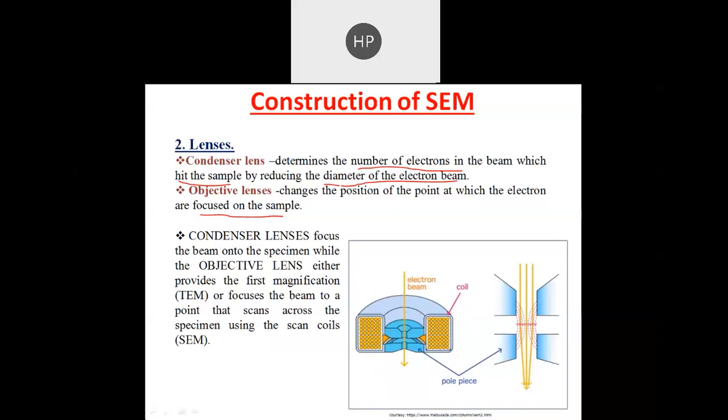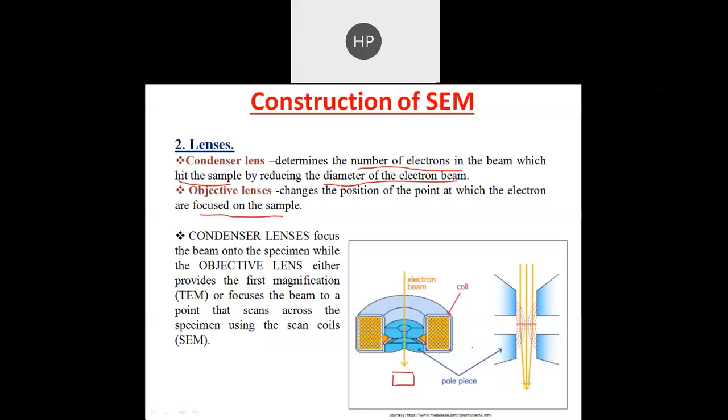Through that condenser lens it will be able to pass only a small strip of the beam, which passes through this, and then it will strike the specimen.